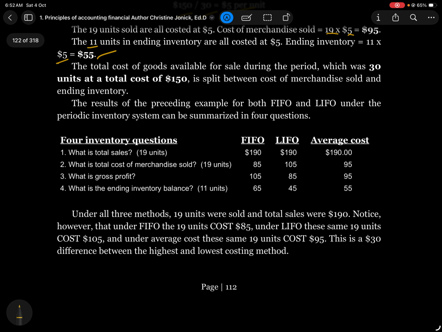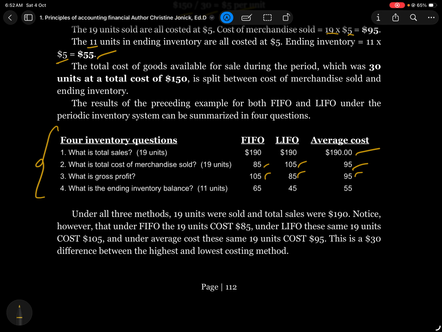Under this method as well, your total sales remains same. Our COGS is 95 in average cost. LIFO, FIFO, right? So FIFO has the highest profit. Profit, if you look, is similar.